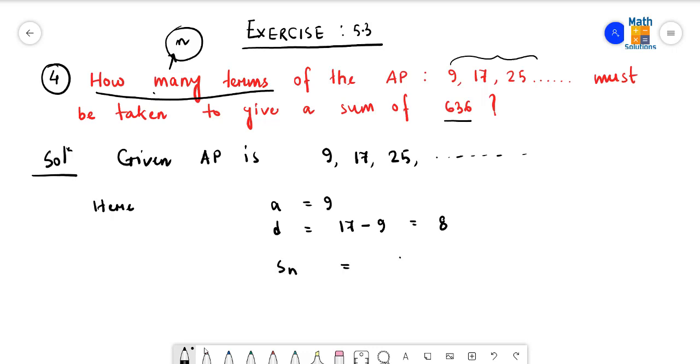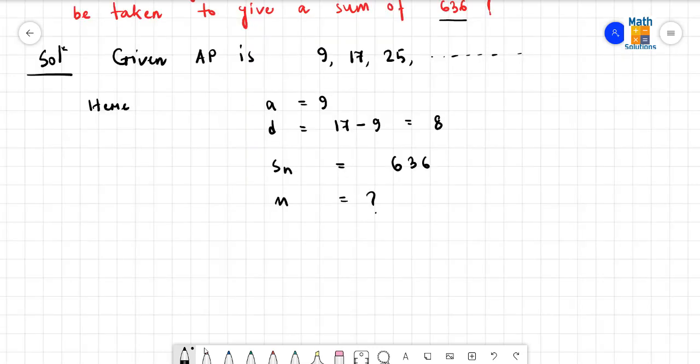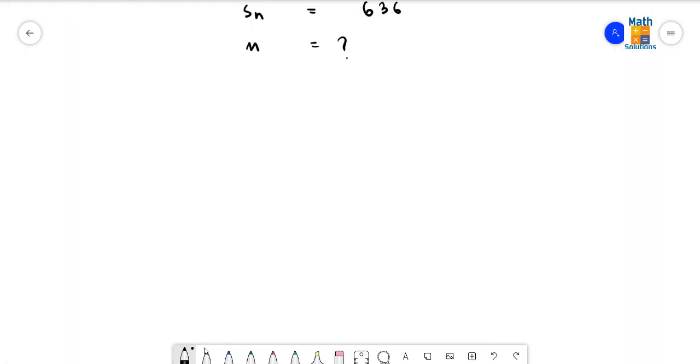Sn is given to be 636, and to find the number of terms, that is n, we have to use the value of Sn.